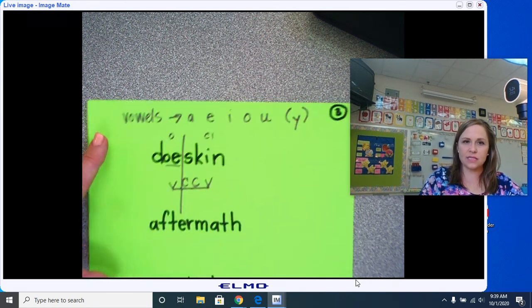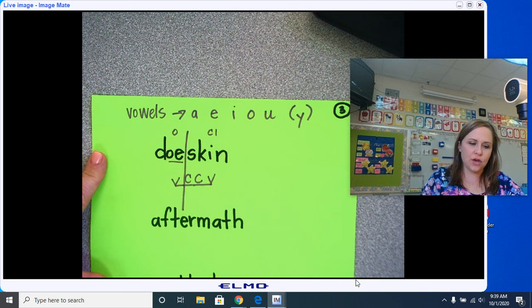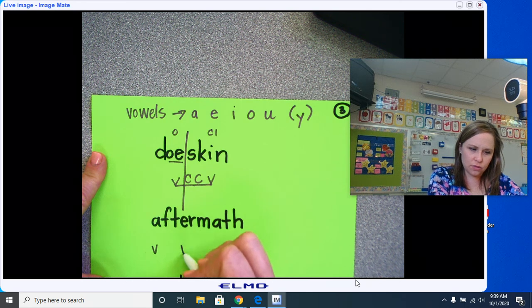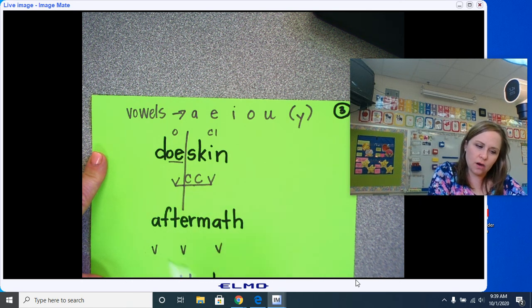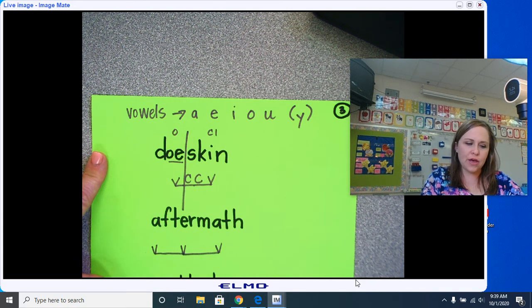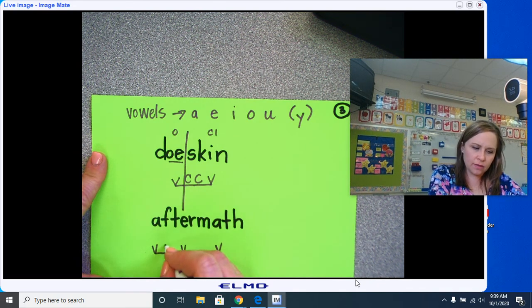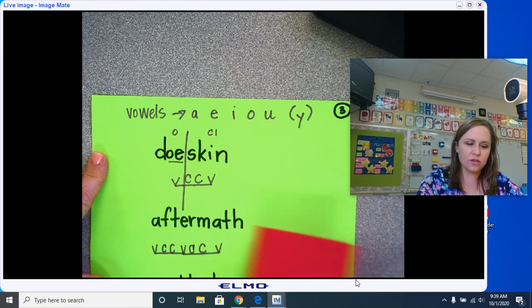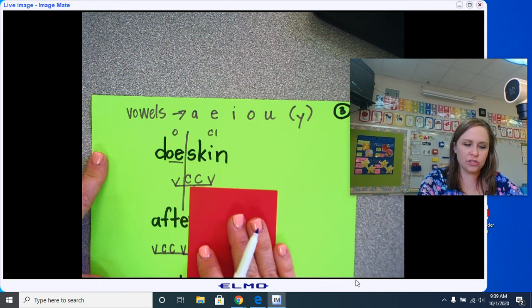All right, let's look at the next one. First thing that we do is mark our vowels. So we've got 1, 2, 3. All right, bridge and bridge. All right, so then consonants. Now, don't get worried because that's a lot going on. The only thing you do is you worry about the first little step and then the second set.